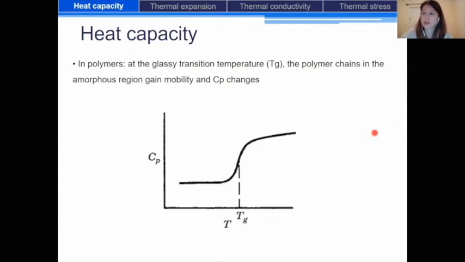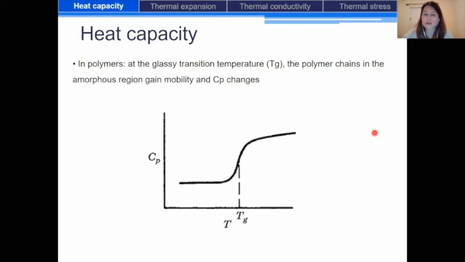Below this temperature, the polymer is rigid, and the polymeric chains in the amorphous regions have no mobility. Whereas above this TG, the polymeric chains in the amorphous regions gain mobility, and this is reflected in the value of the heat capacity.